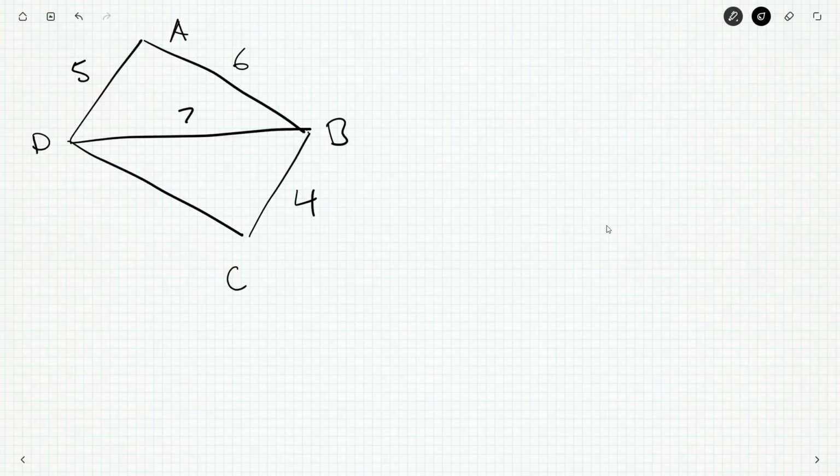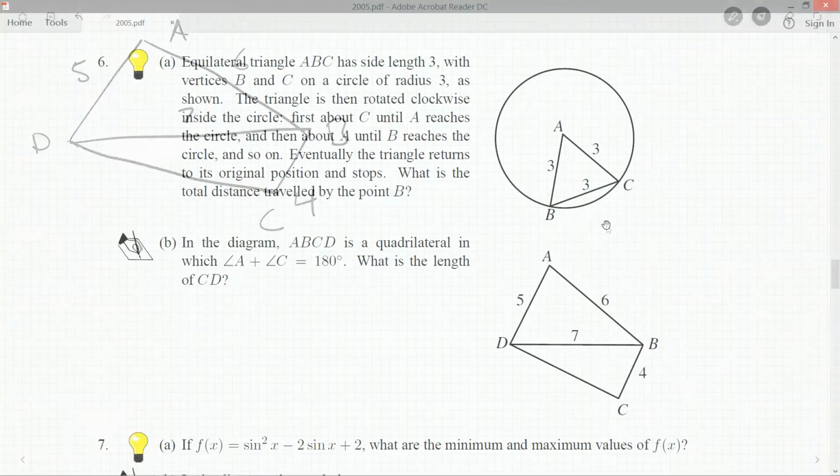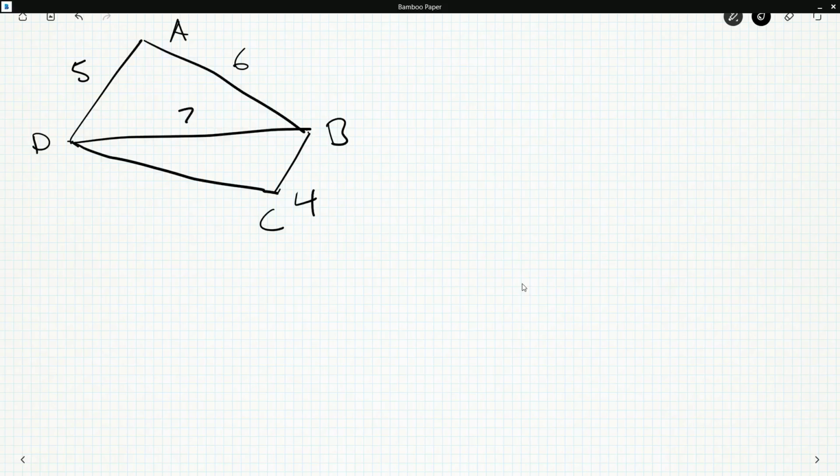This does look kind of like a rectangle. Maybe I should shorten CD a little bit. There we go, that looks a little better. Okay. So what is the length of CD? Fantastic question.